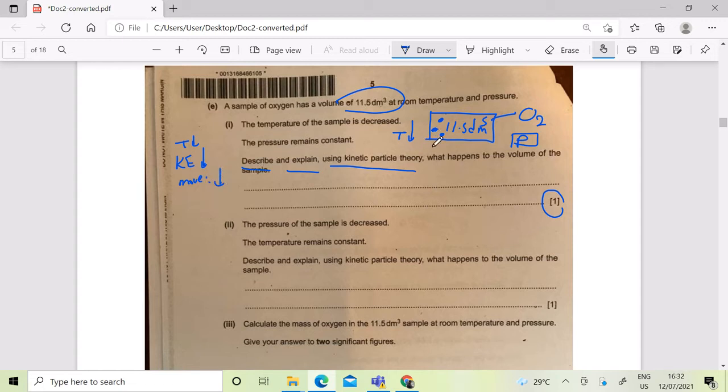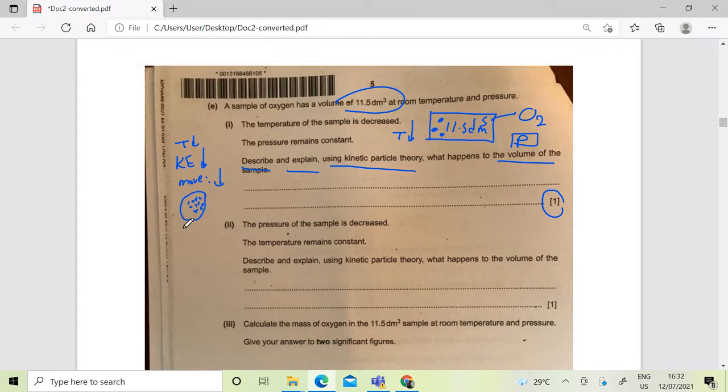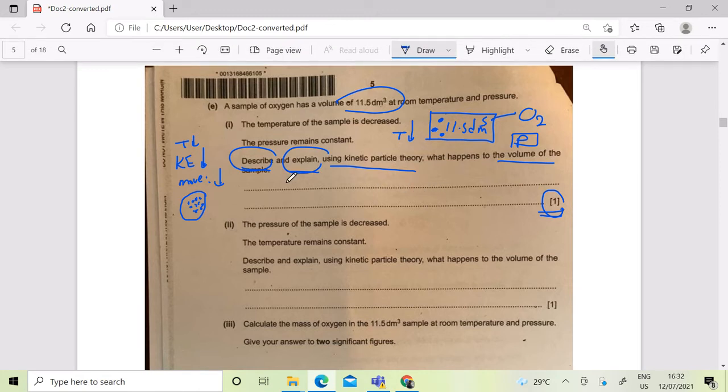As the particles are moving slowly, the distance between the particles becomes very close because they are not moving far away, as they lack energy. Therefore, the volume is going to be low. So how do you organize your answer? Remember, it is only 1 mark, but as you are asked to describe and explain, you need to write bullet points.